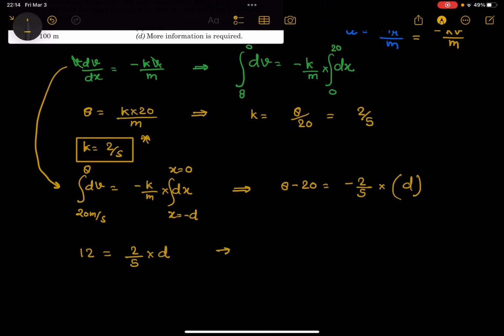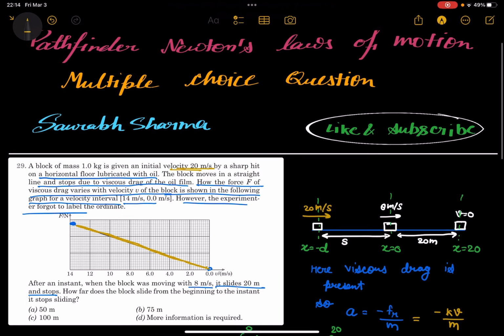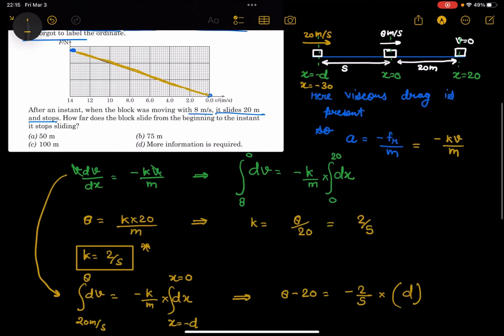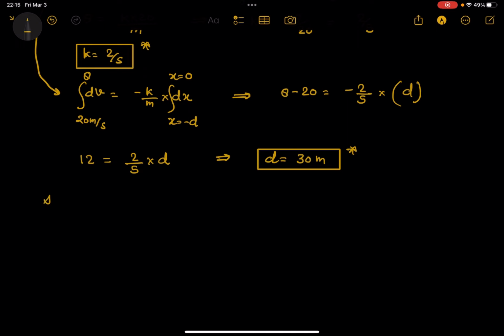Finally d is equal to 30 meters. So from x equal to minus 30 to x equal to 20, the total distance covered is s equal to 50 meters. So this is your answer.